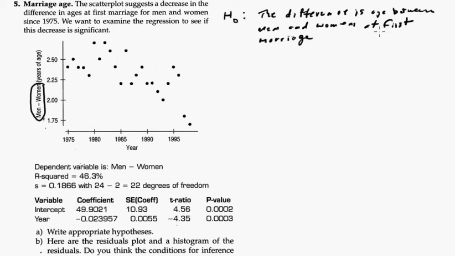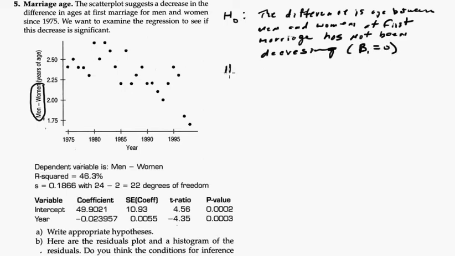We're talking about the first marriage. At first marriage has not been decreasing. The difference has not been decreasing. That's probably more accurate. Okay, so the slope would be 0.